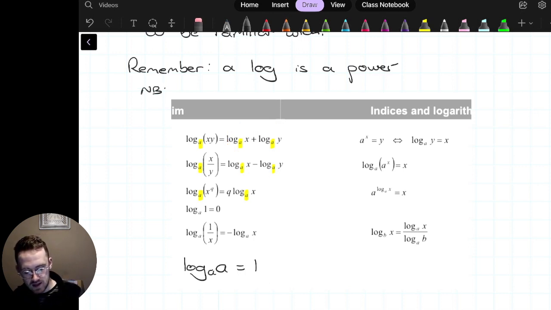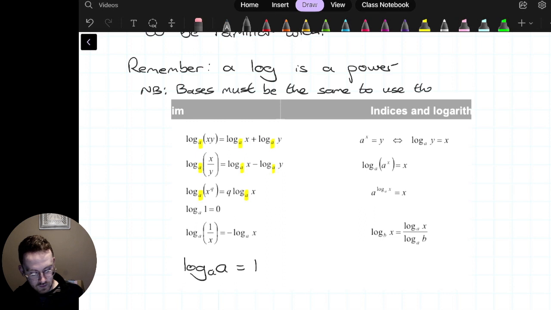NB, bases must be the same to use these rules. Okay, so the bases must be the same to use these rules. If our bases are not the same, we can't use these rules to move from one form to another. Okay, so that's going to be really important.